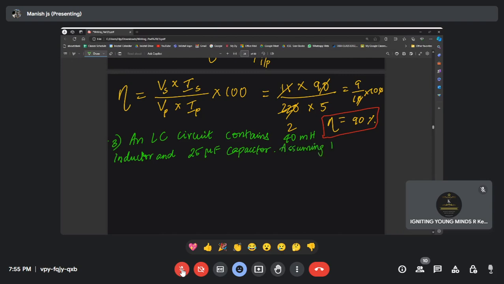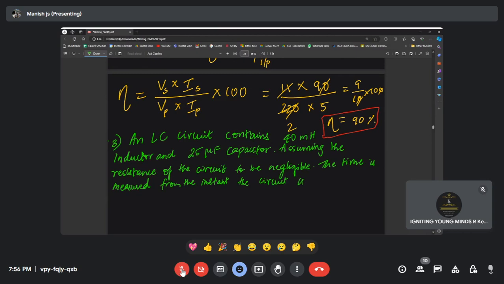Assuming the resistance of the circuit to be negligible, the time is measured from the instant the circuit is closed.